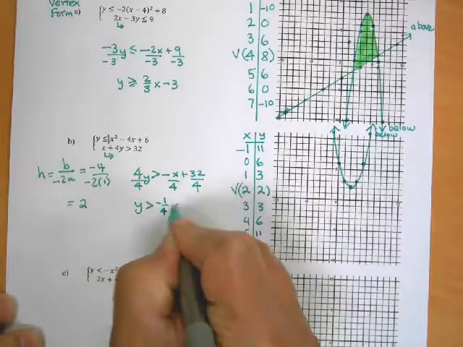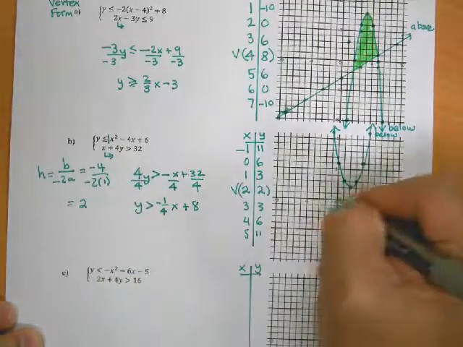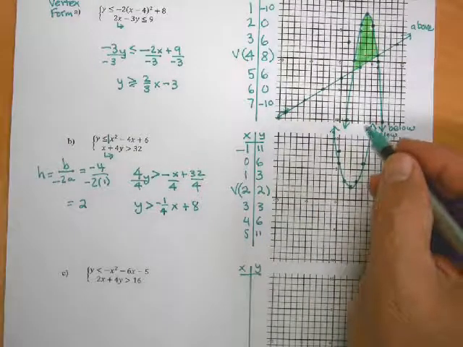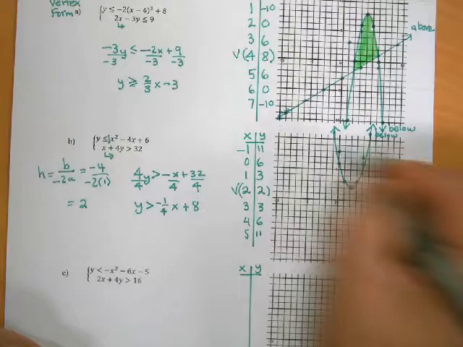So your slope on this one is -1/4, and your y-intercept is 8. So we come over here to y equals 8 on the y-axis, and you go down 1/4, down 1/4 to step out your slope.